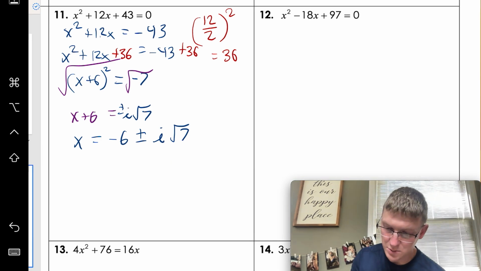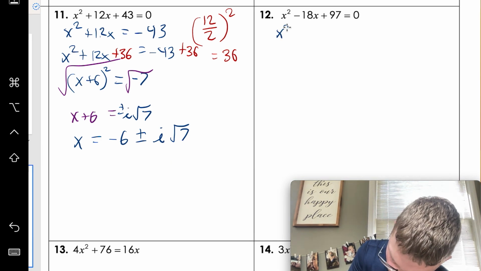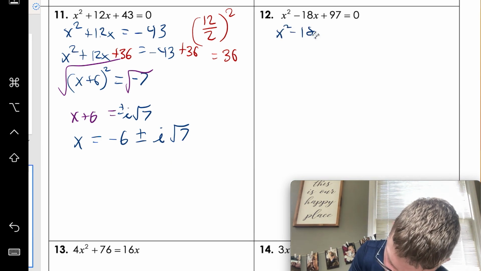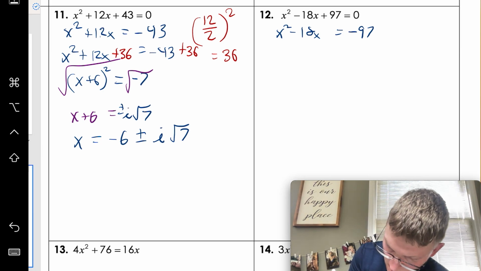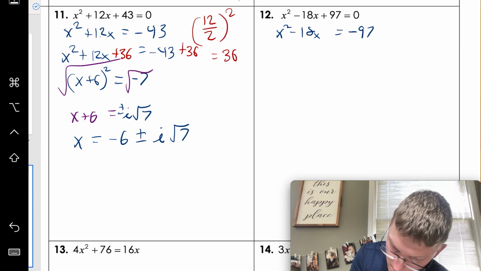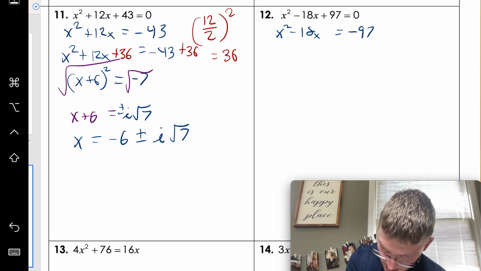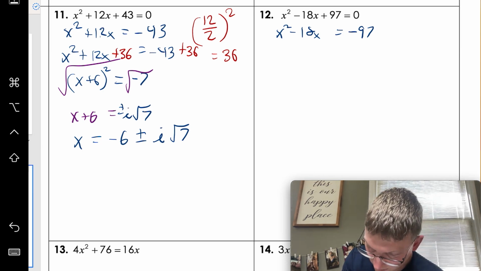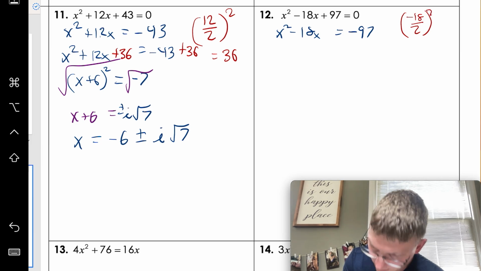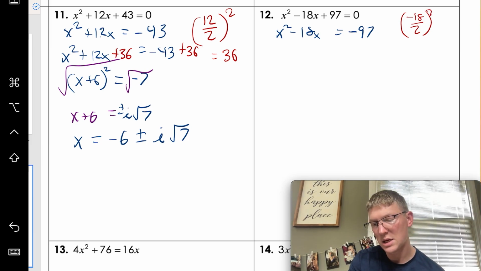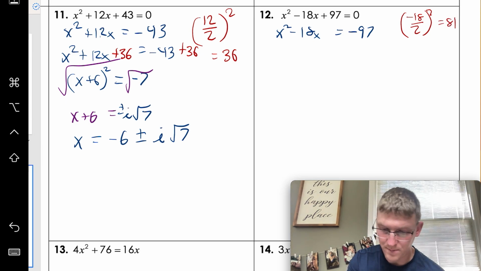So let's try number 12. We've got x squared minus 18x equals negative 97. We just moved that 97 over. Our number that we need is going to be half of negative 18, squared. Half of 18 is 9, and 9 squared is 81.